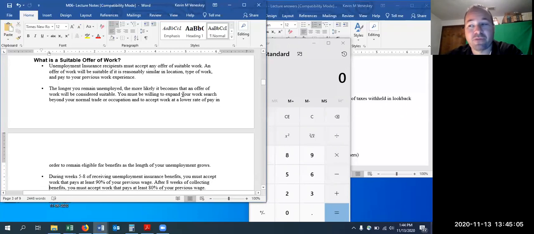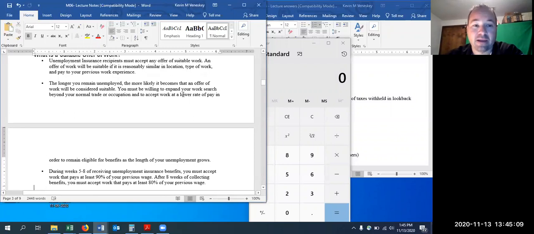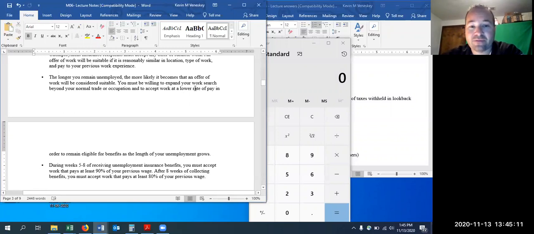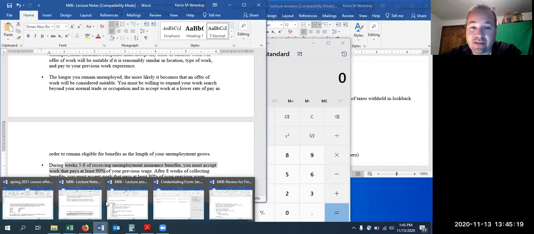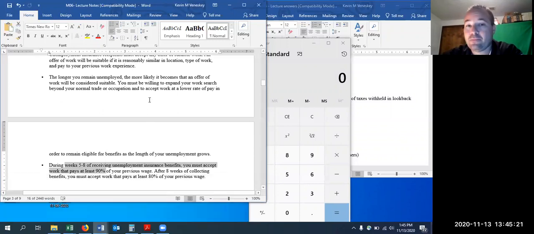So more things become suitable at that point, and the amount of pay that you have to take begins to dwindle a little bit. And you'll see here during your weeks 5 through 8 of being unemployed, the pay is suitable if it's 90% of what you normally had made. And then after the 8th week, if it's 80% of what you previously made, that is now considered suitable.